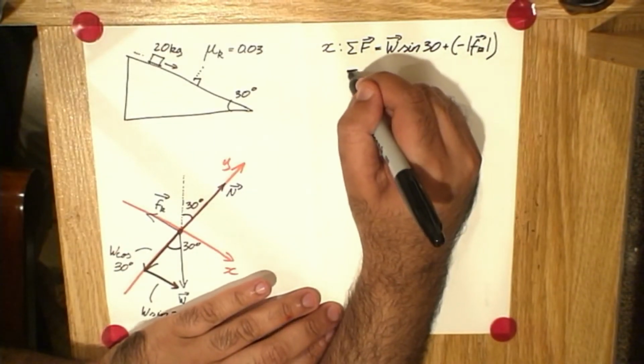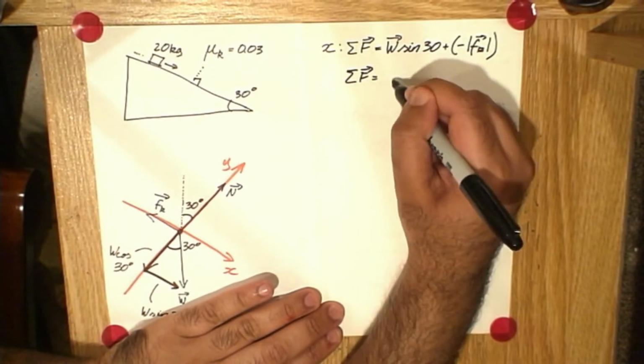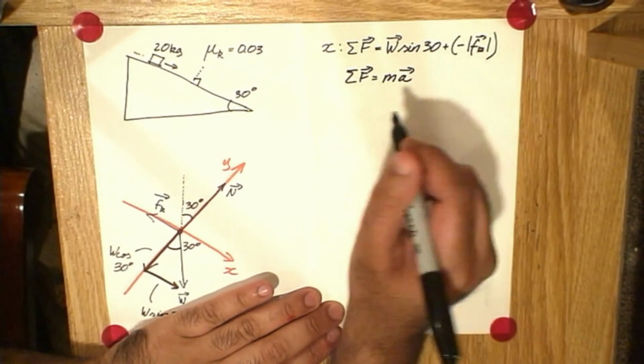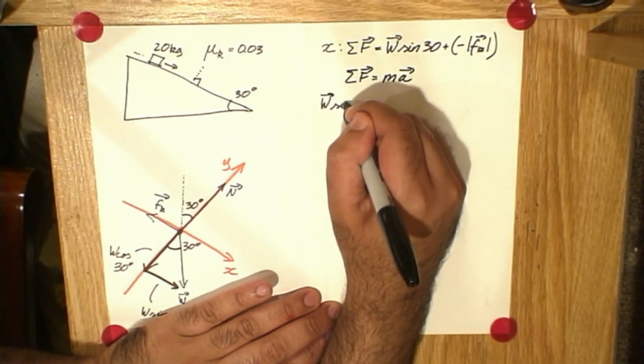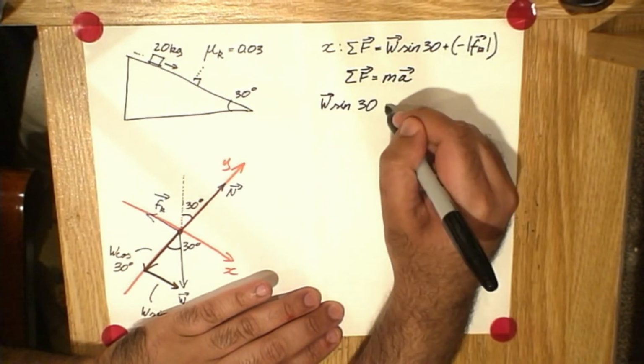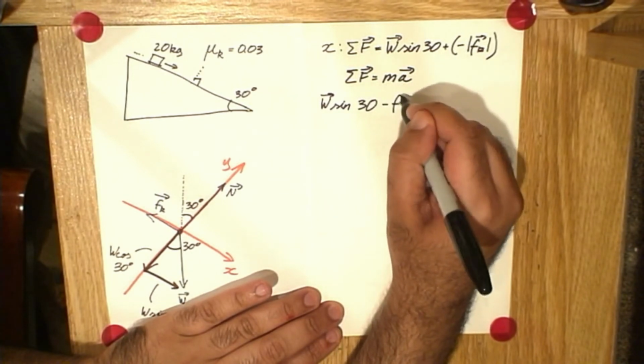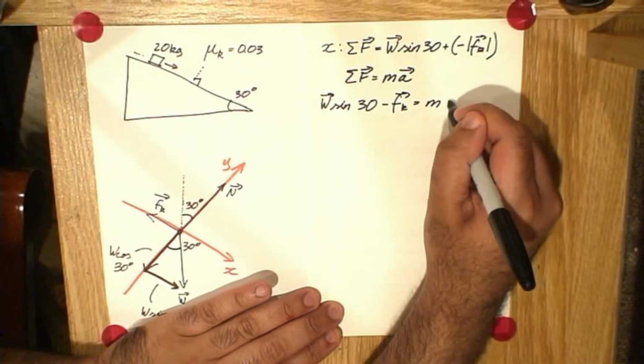But again, total force is equal to mass times acceleration. So putting everything together, we get weight sine 30 minus kinetic friction equals mass times acceleration.